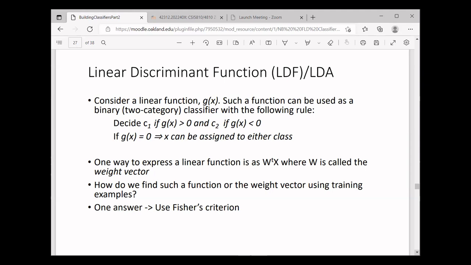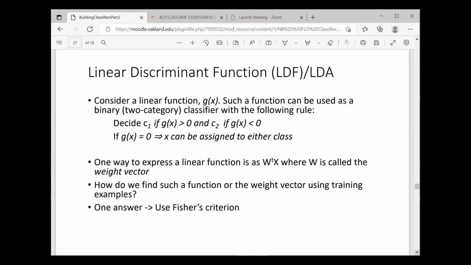So if we had such a function, obviously one could use it to perform classification. That is, you plug the component values of vector x into the formula for g(x) and see if the result is positive or negative, and accordingly make a decision.